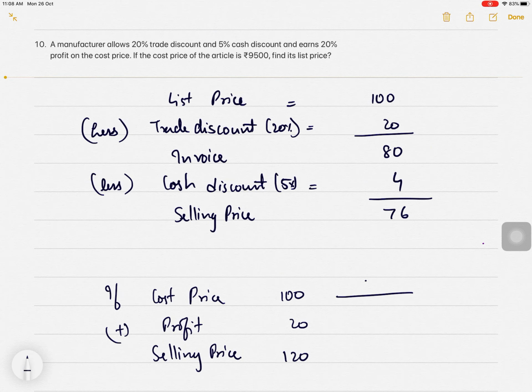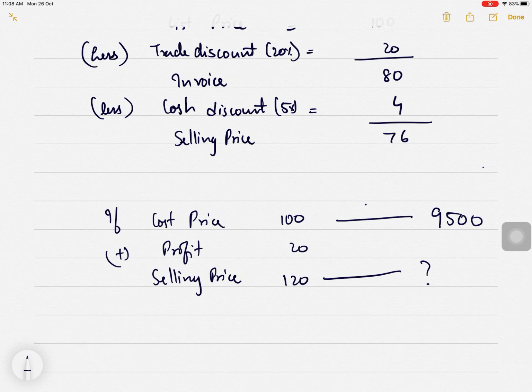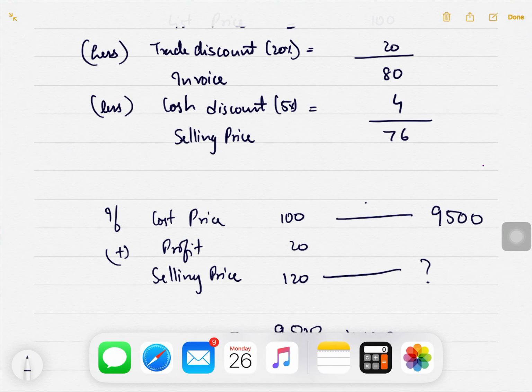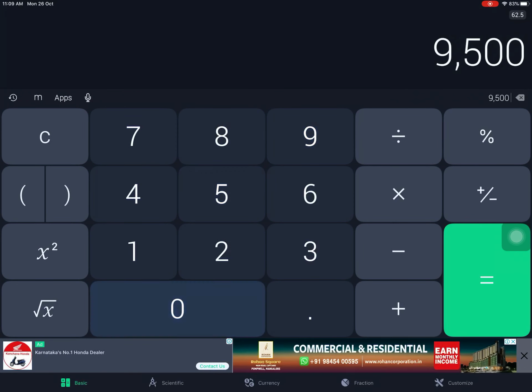And cost price of the article is given as 9,500. How much is the selling price? So, cross multiply. 9,500 divided by 100 into 120, which is 11,400.